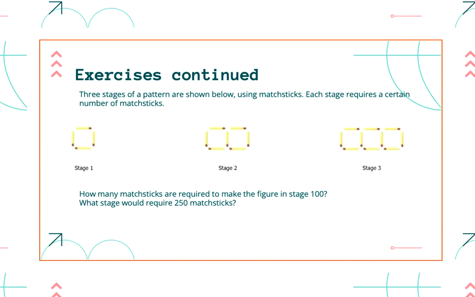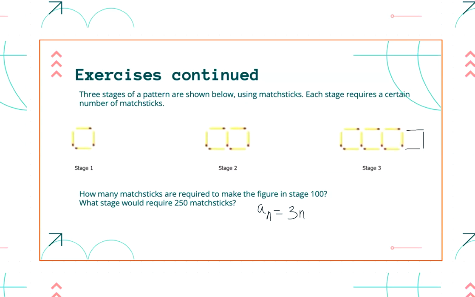But look, at every stage, we're adding another box, right? And to add another box-like shape, we're adding 3 matchsticks. So we could express our general form a_n equals 3n plus something.